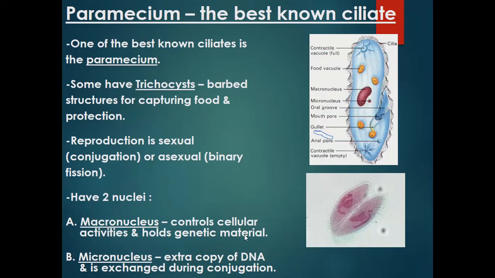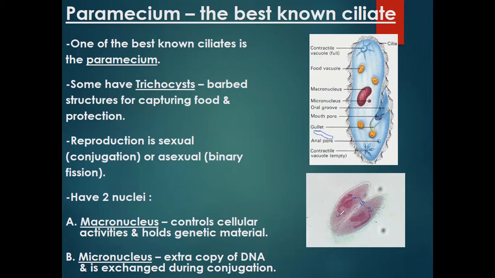During conjugation, it requires two cells. During the conjugation process, they will have a bridge called the pili that will be used to exchange the nuclei, since they have two. The small nucleus is given to the other cell.